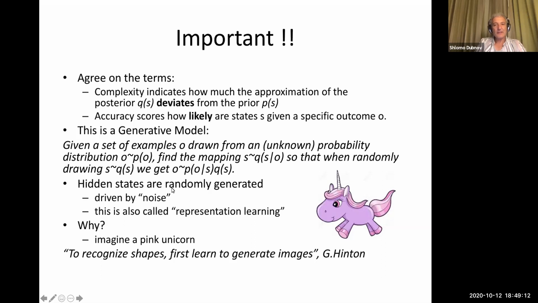So the hidden states are randomly generated, so there is some kind of an underlying noise that drives just the fact that Q(s) is a probability. That means that there is something that generates these states all the time, and this ability of deriving the states from the observations is called representation learning. So the states become a representation.